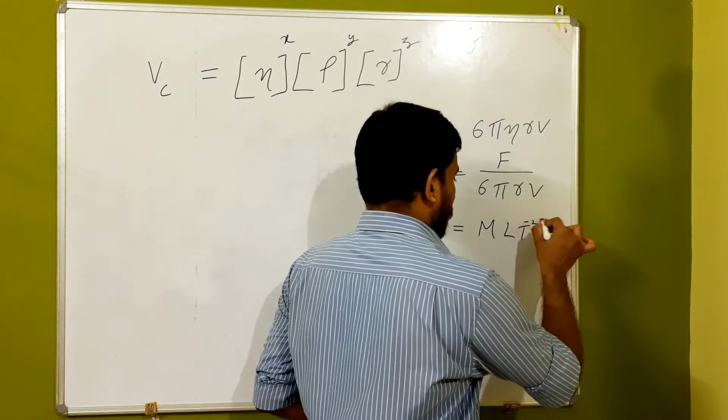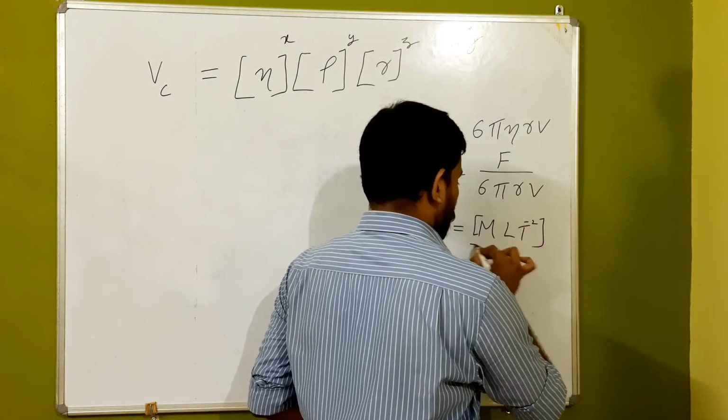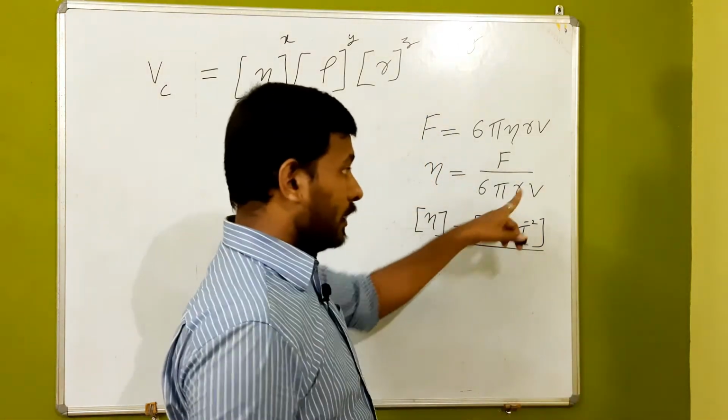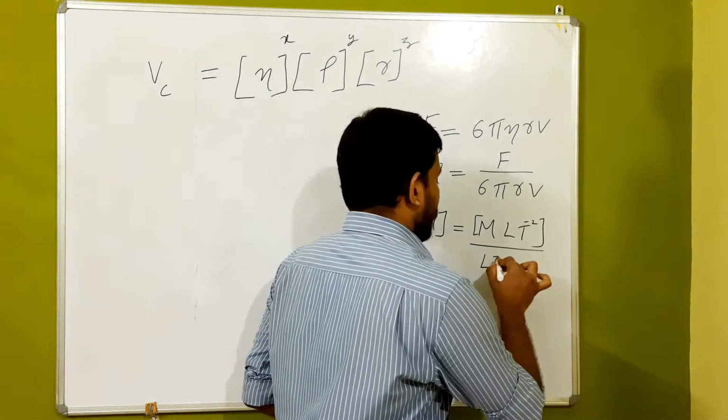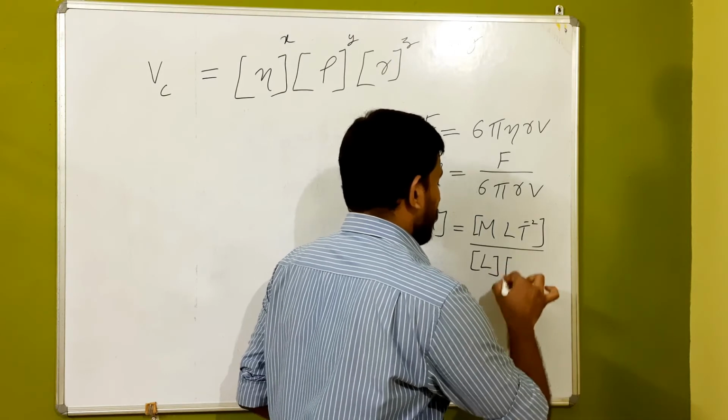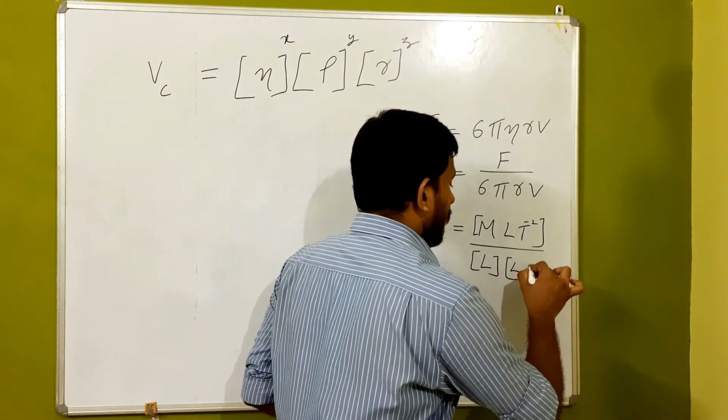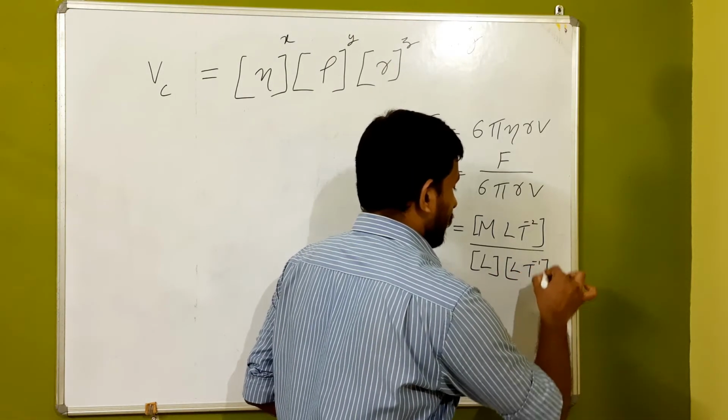that is M L T raised to minus 2, divided by the dimension of length, that is L. The dimension of velocity is L T raised to minus 1.